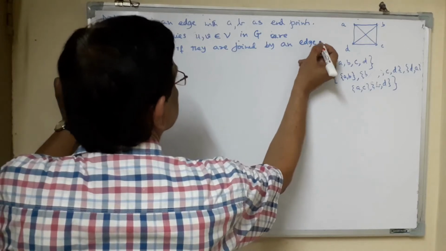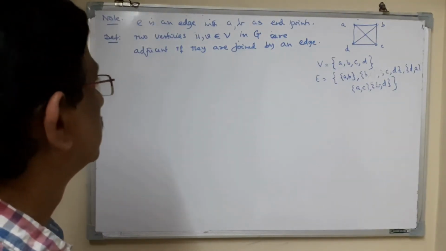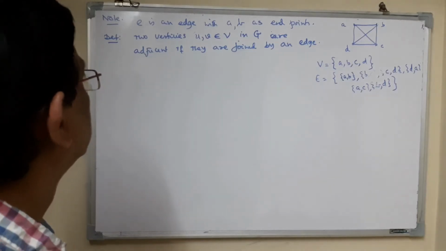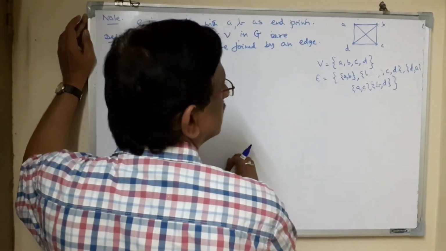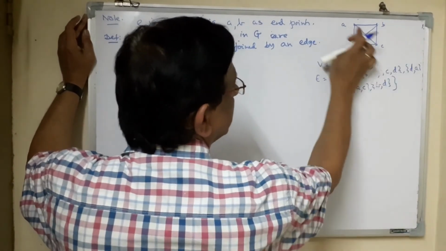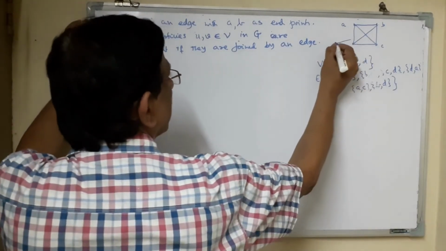Already, these are all synonyms: edge, line. So here A and B are adjacent, B and C are adjacent, A and C are adjacent, C and D are adjacent.